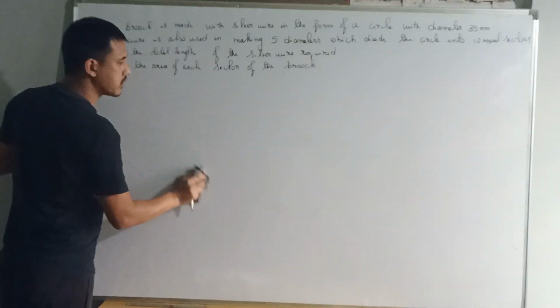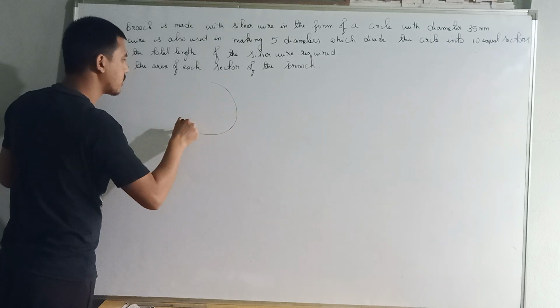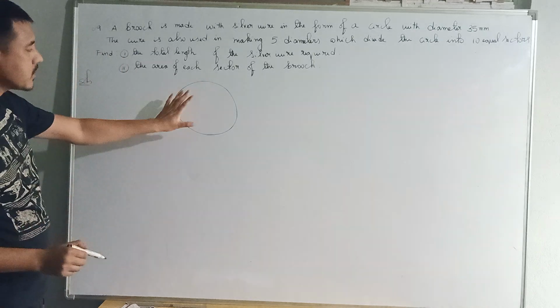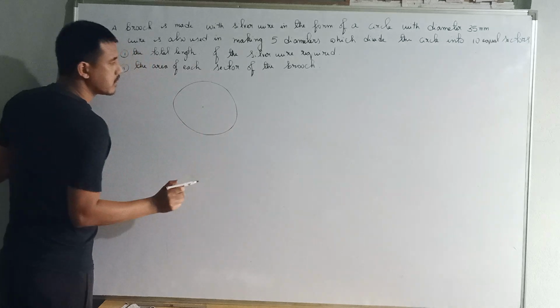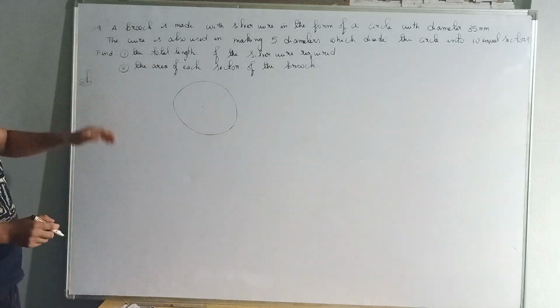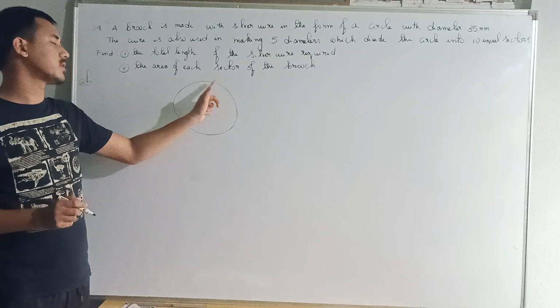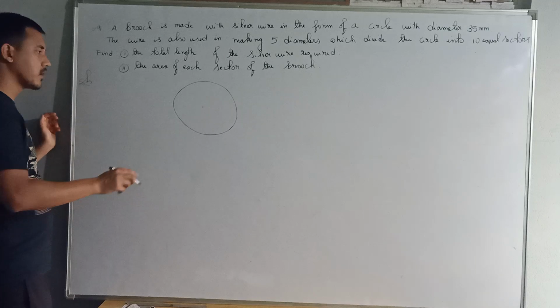Let me draw it appropriately. Yeah, this looks better. So there is a circle. This is the center of the circle. So the brooch has been made in the shape of a circle, alright, with a silver wire.